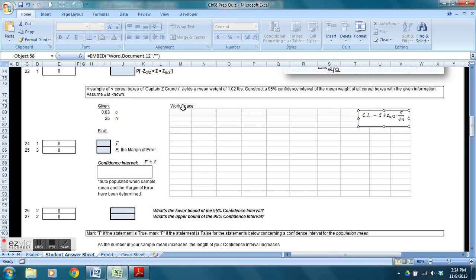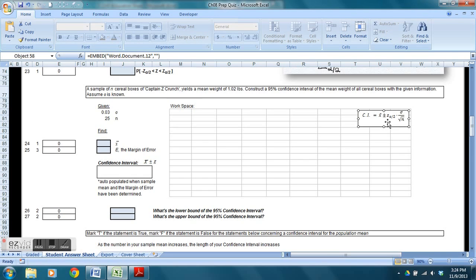This confidence interval is composed of two parts. Your point estimator, which in this case, since we're estimating the population mean, is the sample mean. And then you have your margin of error term, which is E right here. In this equation, for the margin of error, you use the Z distribution, and that's because the population standard deviation is known.